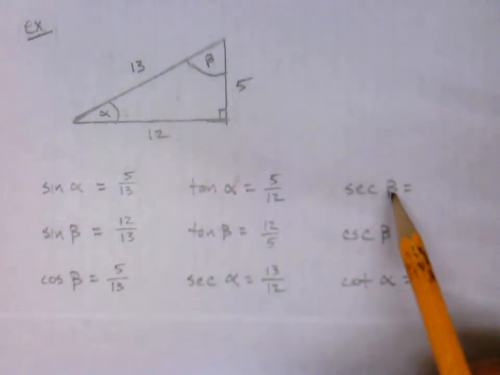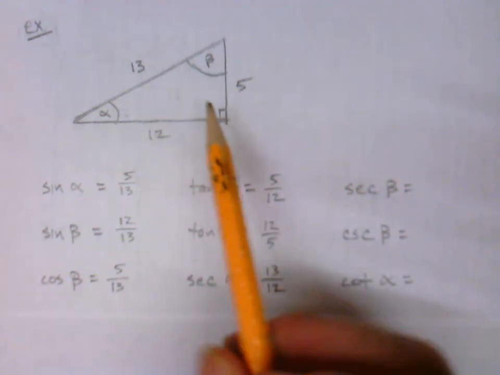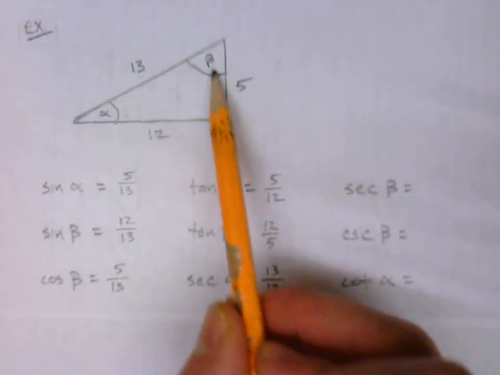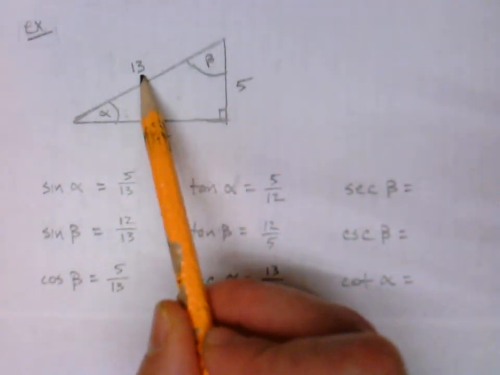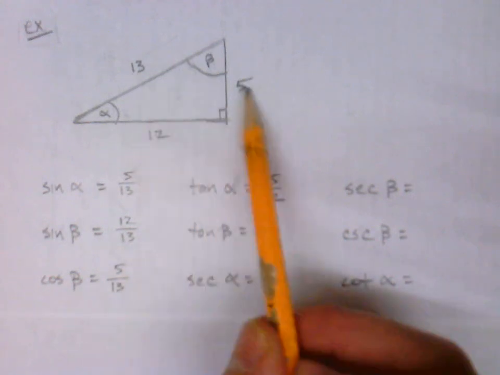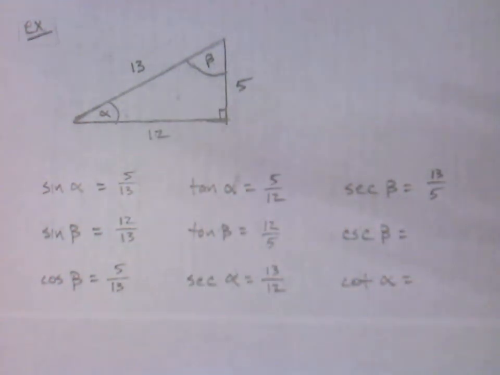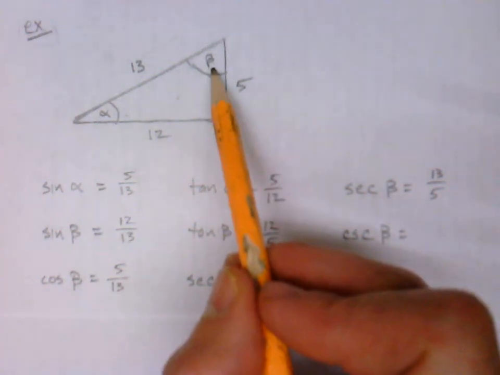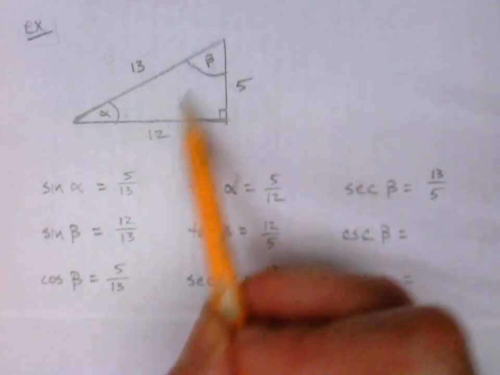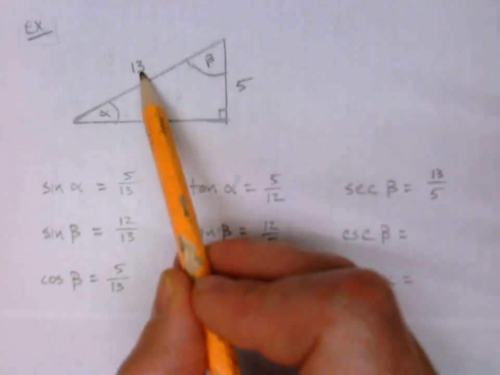How about secant beta? Okay. Cosine would be 5 over 13. We did that earlier. So secant is 13 over 5. Cosecant beta. Cosecant is the reciprocal of sine. Beta, sine, would be 12 over 13.